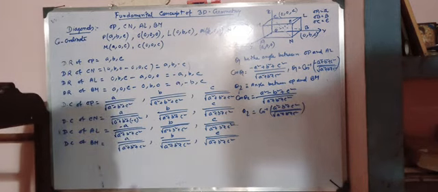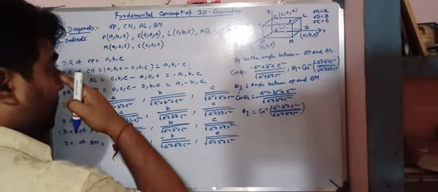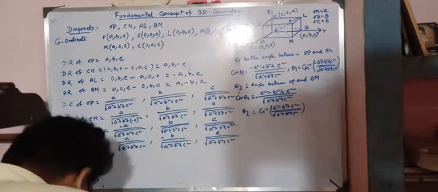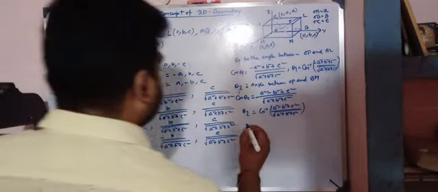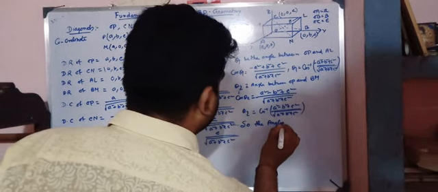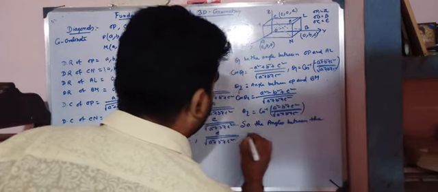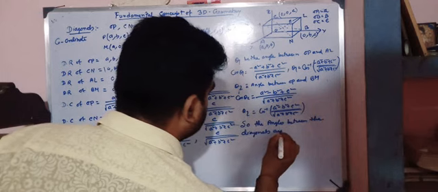So from this figure or from this calculation, we can easily say that the angles between the diagonals are how much?